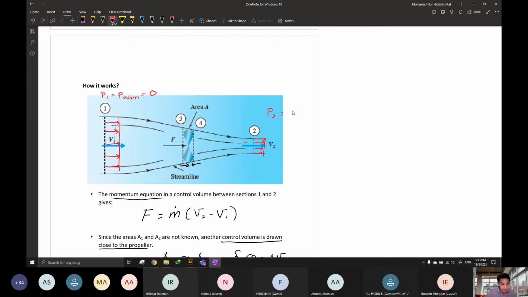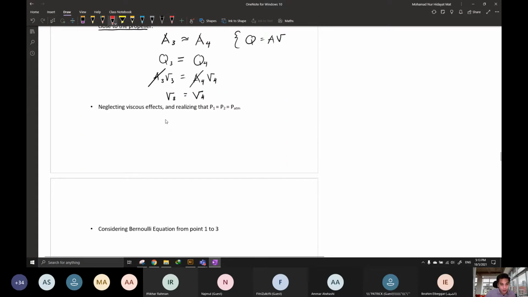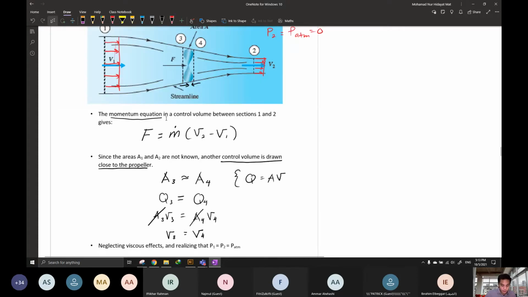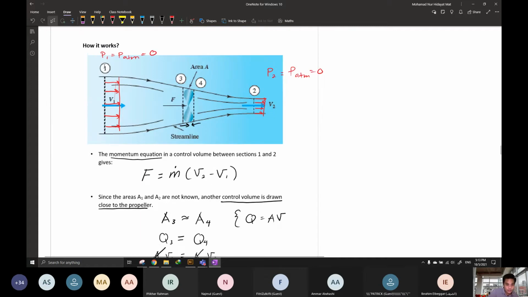Now considering the Bernoulli equation at points 1, 2, 3. Can you see 1, 2, 3? So what's the Bernoulli equation?